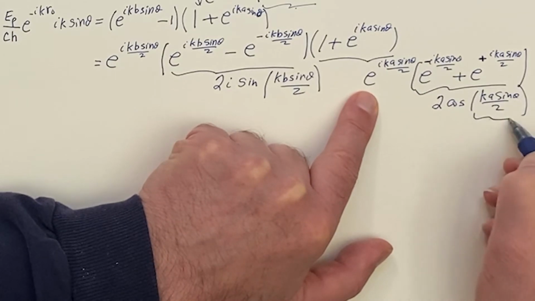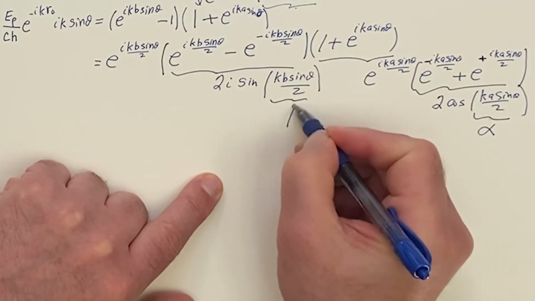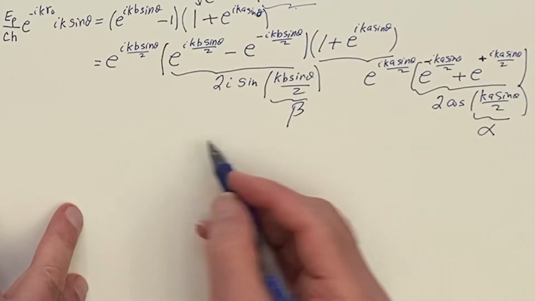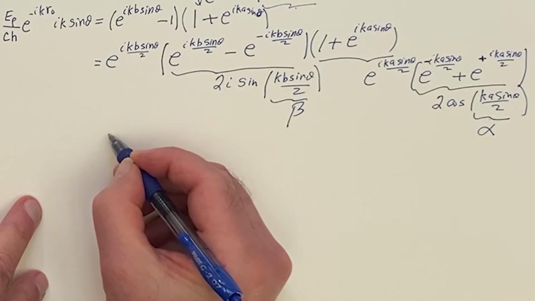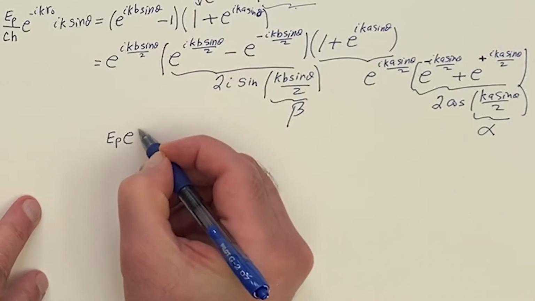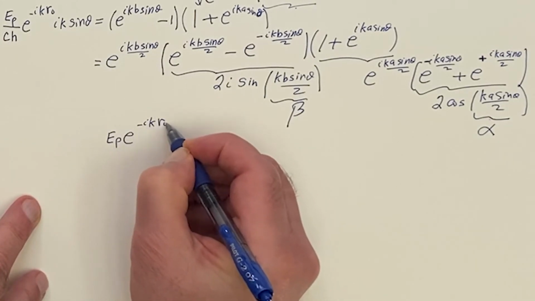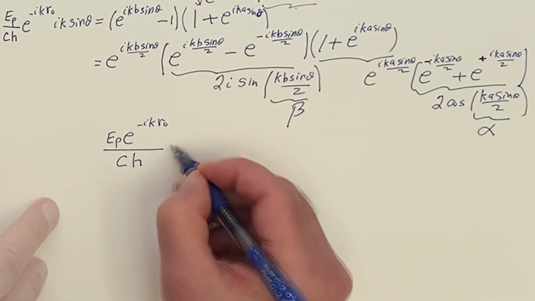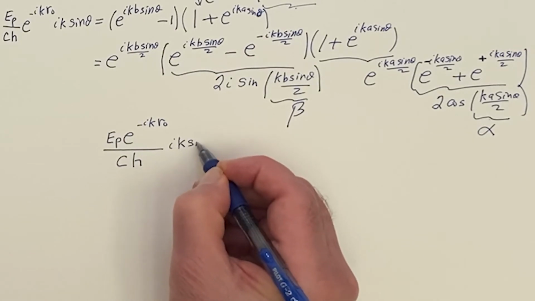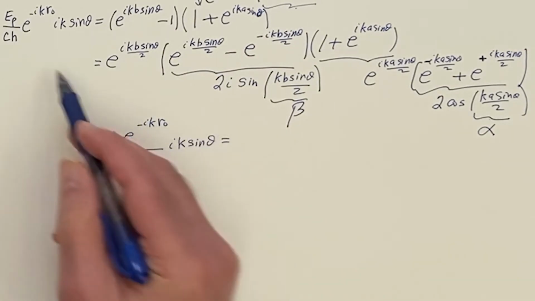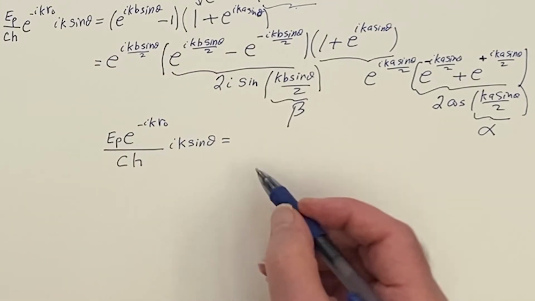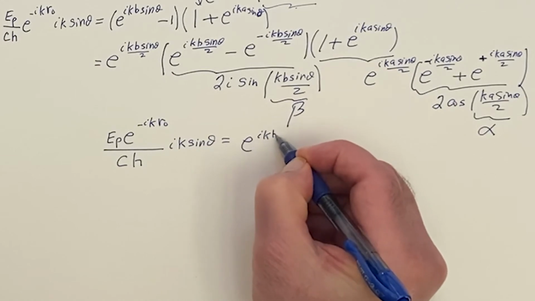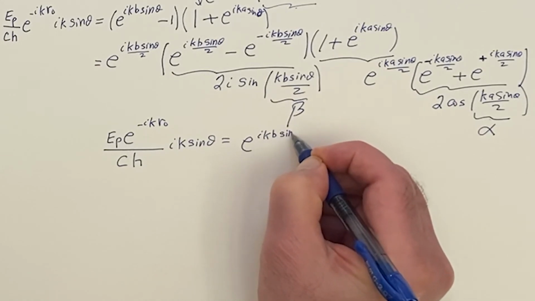And now it makes sense to call that alpha, call that beta, like we called that beta before. And now all this mess starts to look really compact. EP, e to the minus ikr naught over ch, ik sine of theta. So that's the left-hand side. Now on the right-hand side, I'm going to have e to the ikb sine theta over 2.